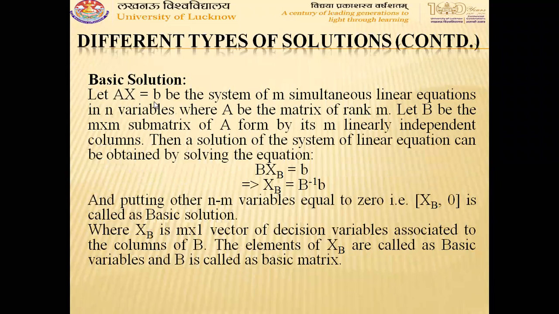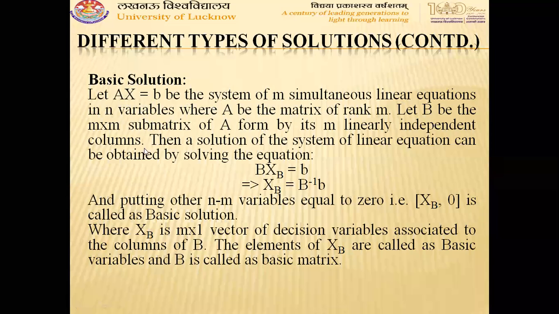Next is basic solution. So basic solution is obtained with the help of the matrix method. In this we first convert the constraints into the standard form. So let Ax = b be the system of m simultaneous linear equations in n variables. Or we can say Ax = b represents the constraints of a linear programming problem where the rank of matrix A is m.